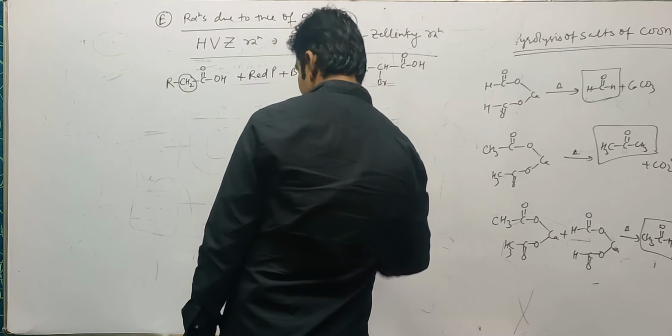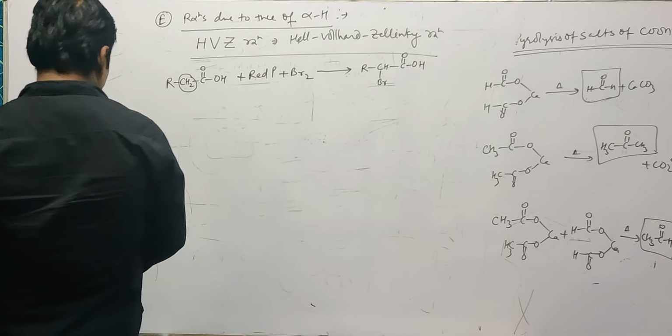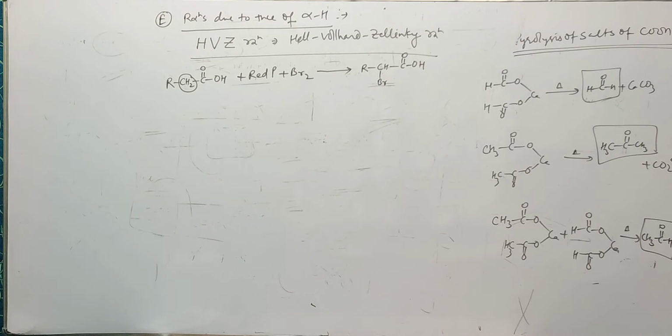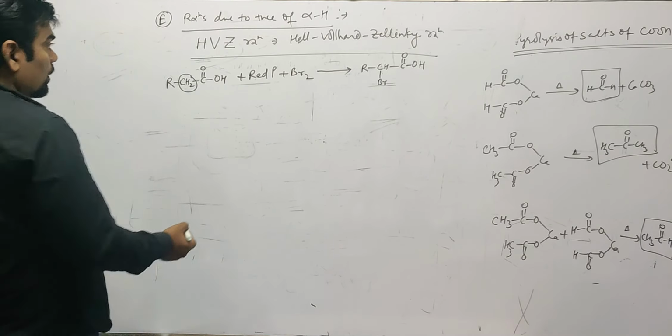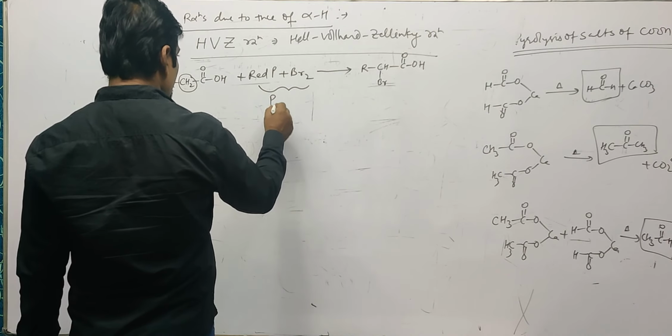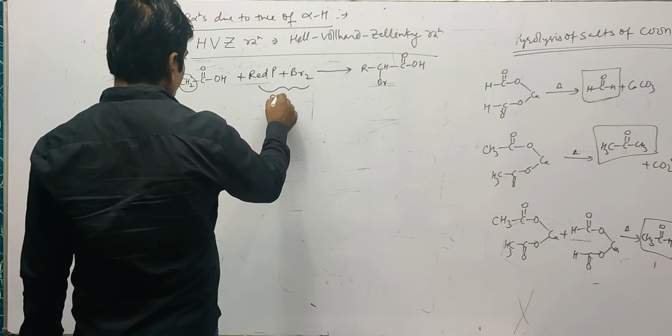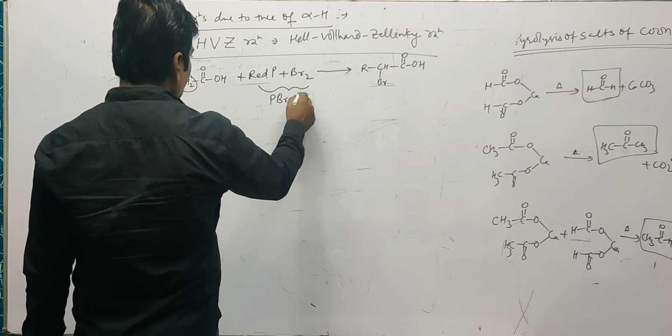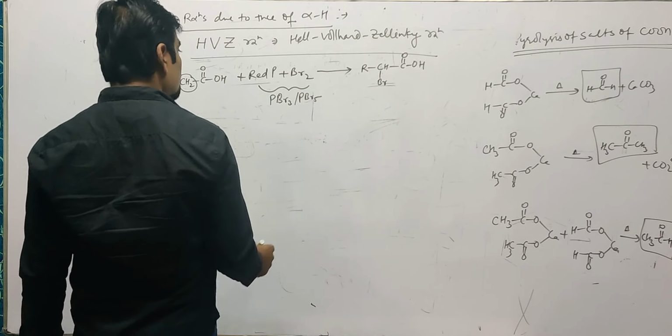This reaction is called the Hell-Volhard-Zelinsky reaction. The red phosphorus and Br2 or Cl2 will produce a phosphorus halide such as PBr3 or PBr5.